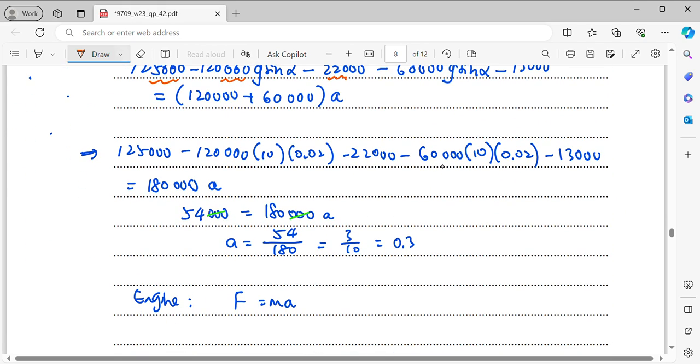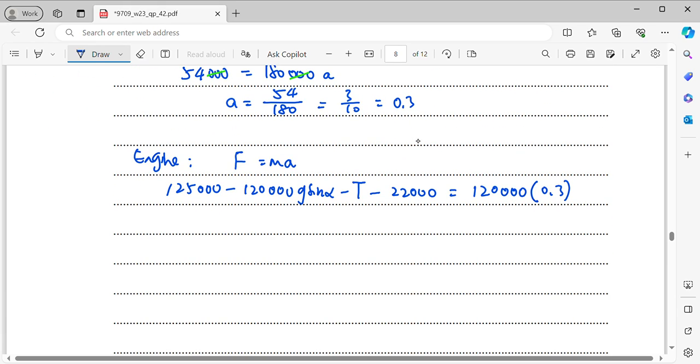So then I will be getting 125,000 minus 120,000 g sine alpha, then minus T minus 22,000. Okay, now my M is just 120,000, then times the A that I found, 0.3.